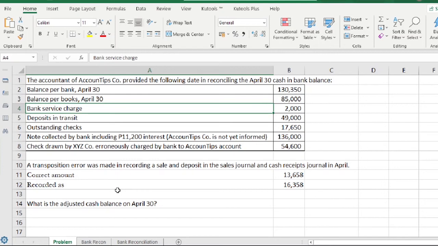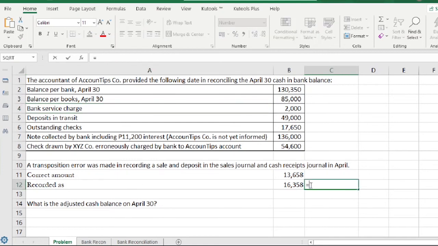To account for this, we must get the difference of the two amounts in order to get the amount of misstatement. So, we would deduct the correct amount, which is 13,658, minus the recorded one, which is 16,358, and this will equal to negative 2,700. This means that the recorded cash receipts is overstated by 2,700.